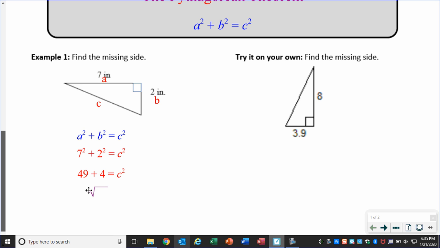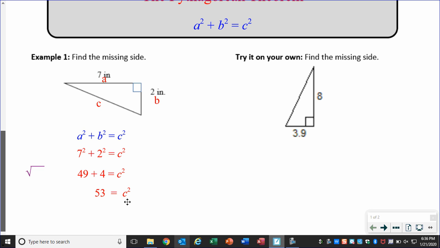We get 53 equals C squared. This is not the length of the side, because 53 is what C squared equals. We want to know what C equals, so we have to undo the squaring on both sides.